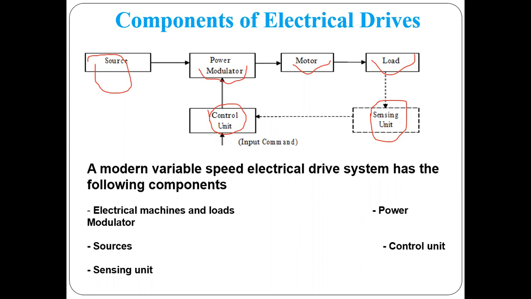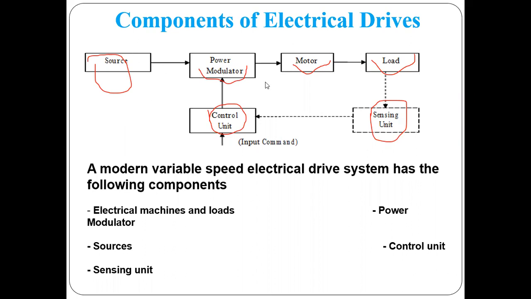For example, suppose we are controlling the DC motor speed. First, for the source, there is a single phase AC source or DC source. We have two sources available, and then the power modulator.